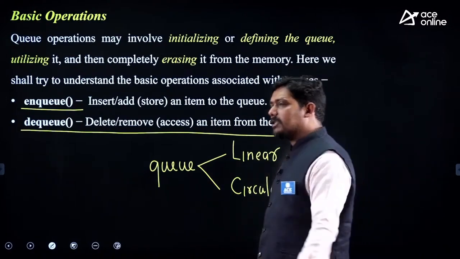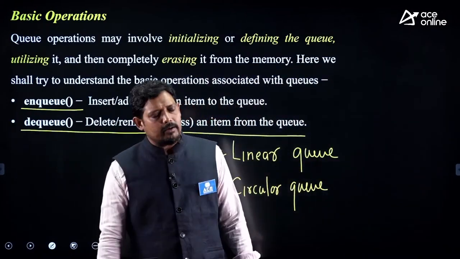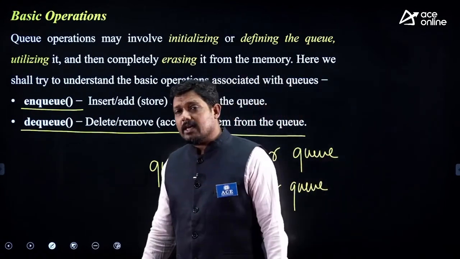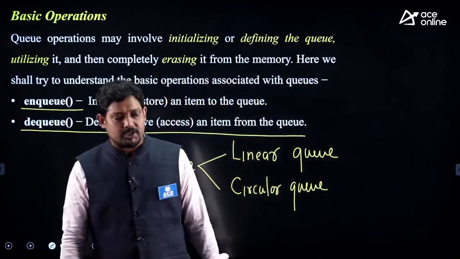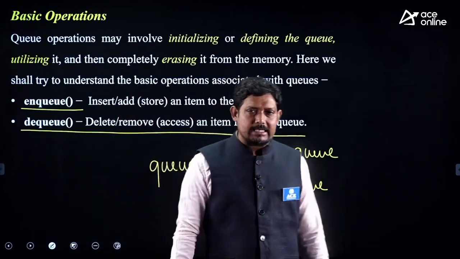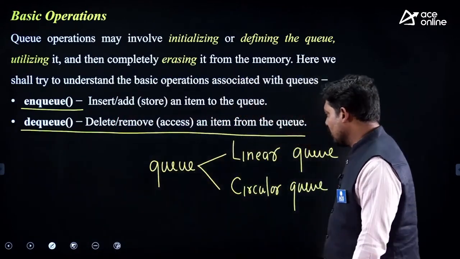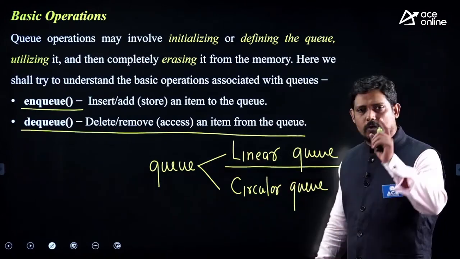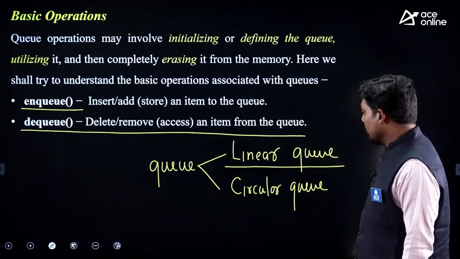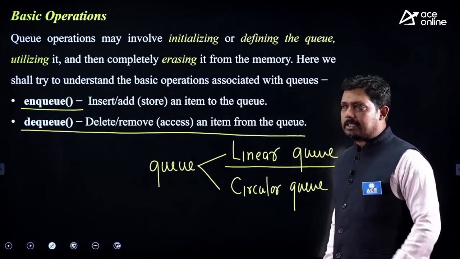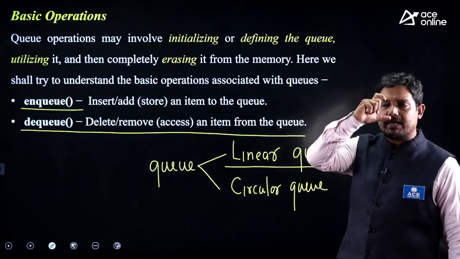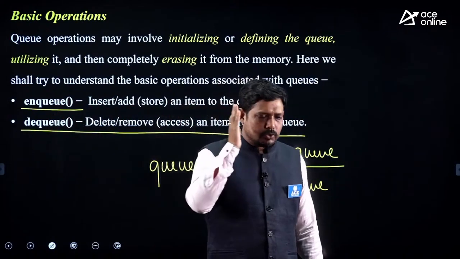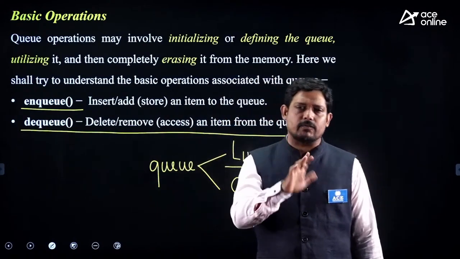There is a disadvantage associated with the linear queue: even if space is present at the beginning, once your rear pointer reaches max minus 1, the queue is declared full. So even though space is there, the linear queue problem is that it is declared full.